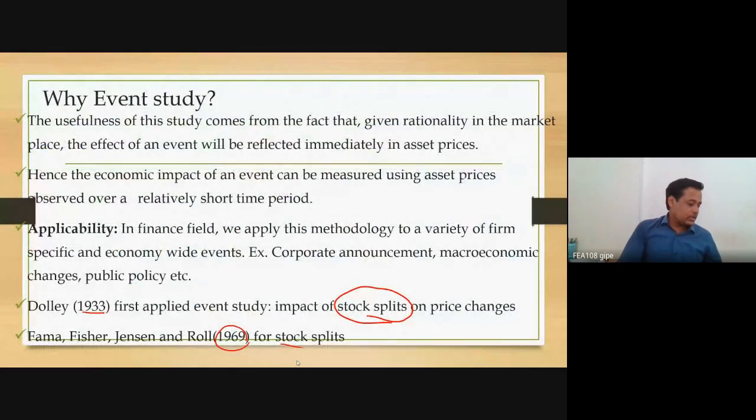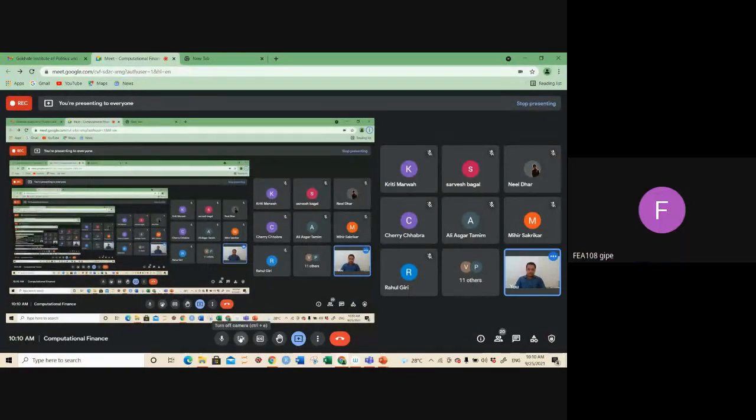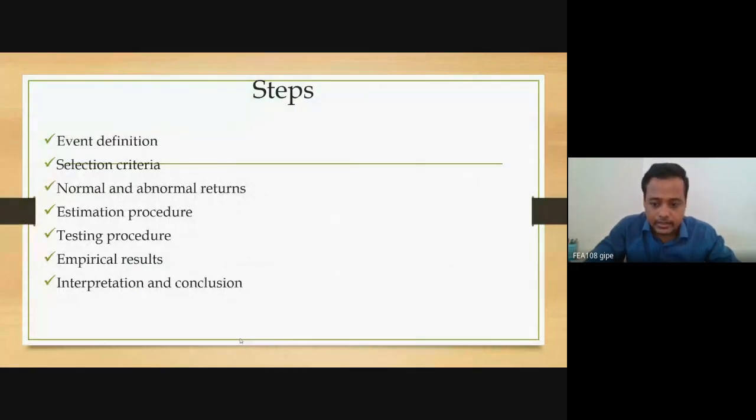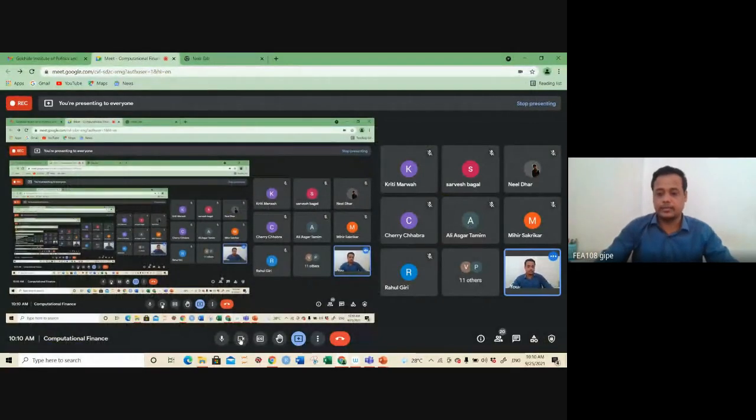Later on, it has been widely applied to dividend announcements, buyback of shares and other corporate announcements, to see the impact of all those announcements. It is also applied to macroeconomic happenings, whether country specific, like demonetization, or international. After an event like demonetization, after 3-4 days you will suddenly see so many papers applying the event study.